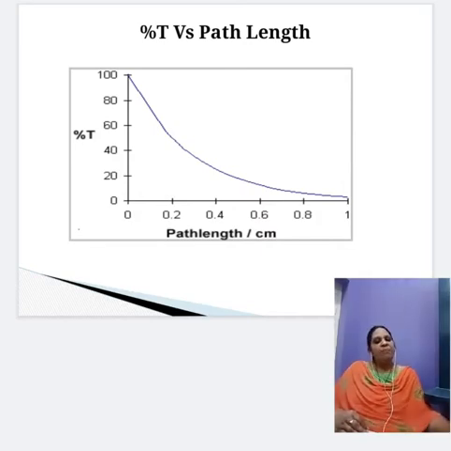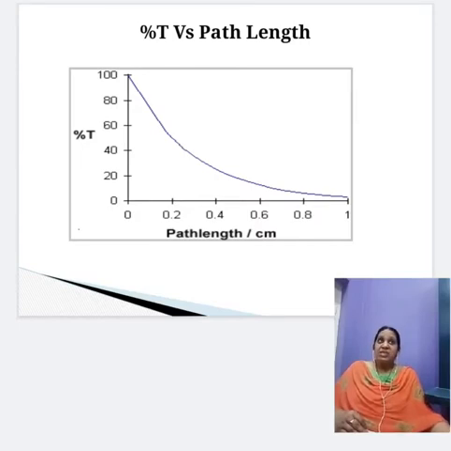When will the absorbance be more? When the path length is more. So when we are plotting the graph, taking path length on the x-axis and percentage transmittance on the y-axis, we have an exponentially decreasing curve. When you are taking the transmittance as 100%, what is the absorbance?